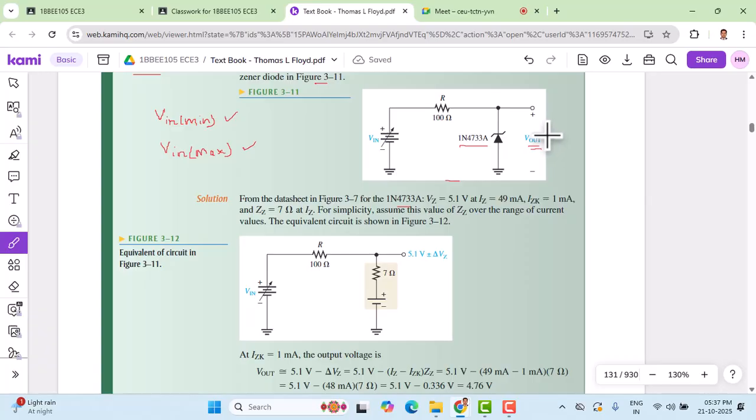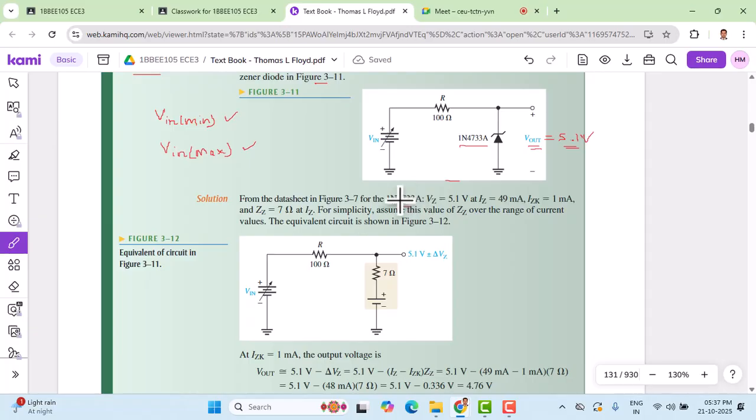Let me write it here. This value, as per the data sheet, is 5.1 volts. So this is the Vout or VZ, whatever we call it. Though it is not given in the problem, many times we should be familiar with the Zener diode and its cutting voltage. At least a few commercial Zener diode breakdown voltages we must be aware of.